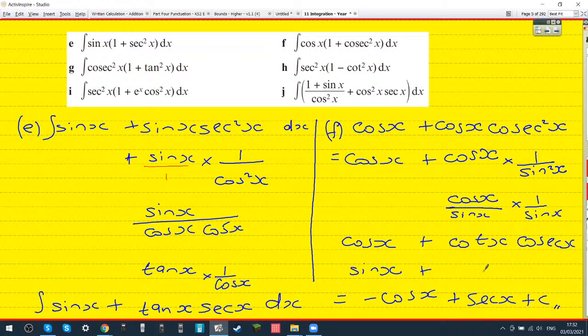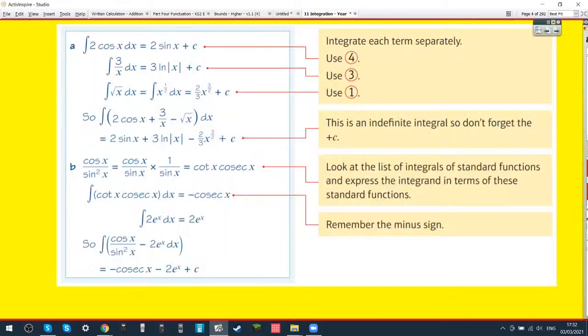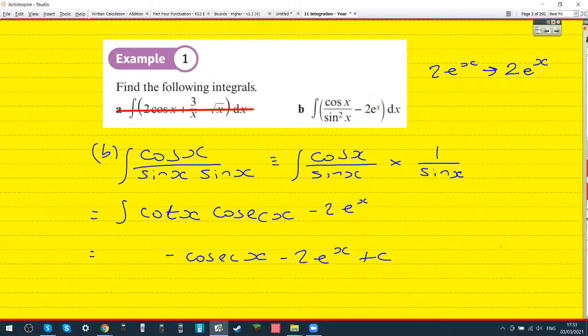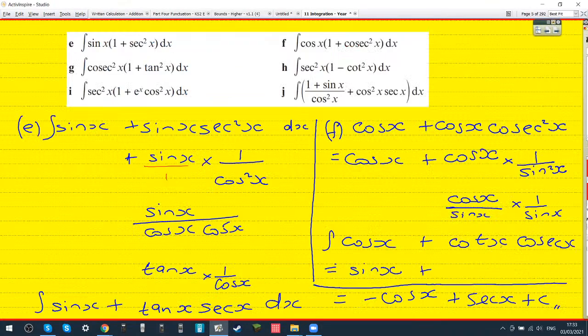So how do we integrate cot x cosec x? With a formula? Hope so. Cot x cosec x. Minus cosec x plus c. That's it.